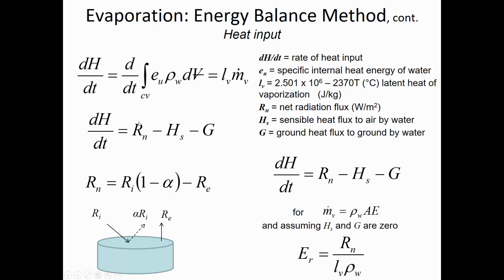And so the total amount of heat that's available to drive the evaporation, this dH/dt, the rate of heat input, takes all those factors into account. There's lots of different things that have to be satisfied before there's any energy left over to drive evaporation. So for this evaporation rate, what we need to know is the net radiation flux, the latent heat of vaporization, and then the density of the water.